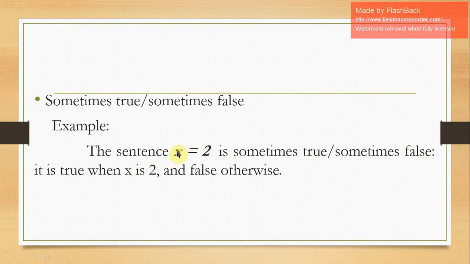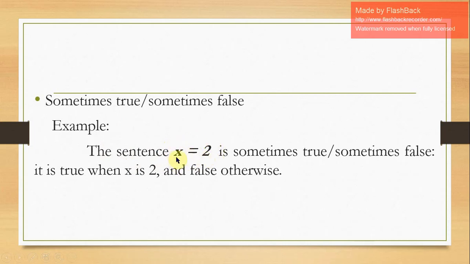If you put 2 here and remove x, we can say that this sentence is true. But if you change the value of x, o gawin mong 1, gawin mong 3, this sentence will become false. So that's why some sentences are sometimes true, sometimes false.